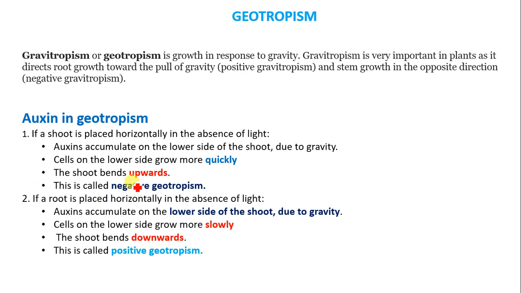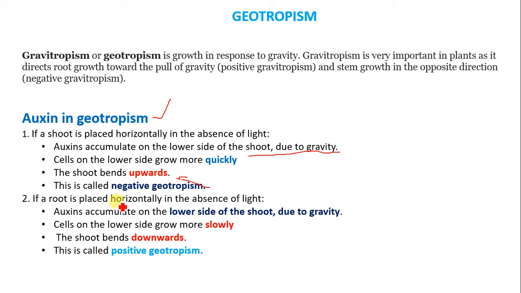Now, in the case of auxins in geotropism, what happens is if the shoot is placed horizontally in the presence of light, auxin accumulates in the lower side of the shoot due to gravity. Now, cells on the lower side grow more quickly, so the shoots bend upward. This is called negative geotropism, when the shoots bend upward.